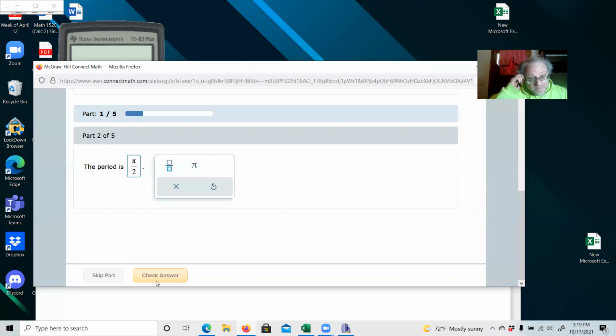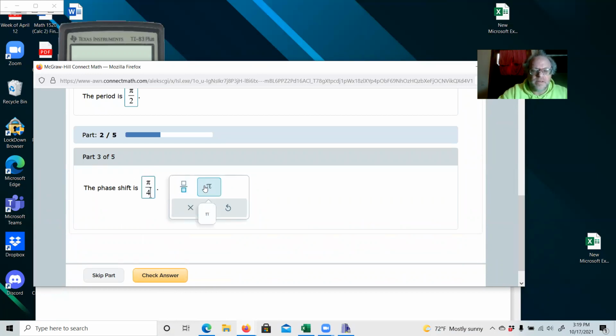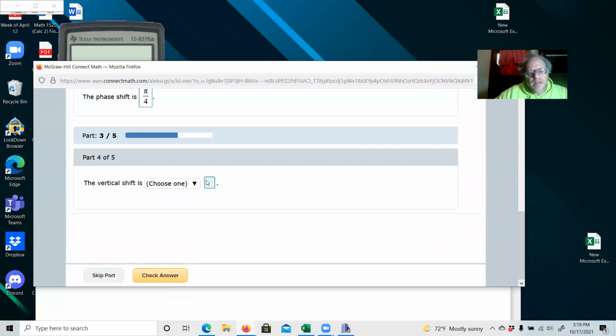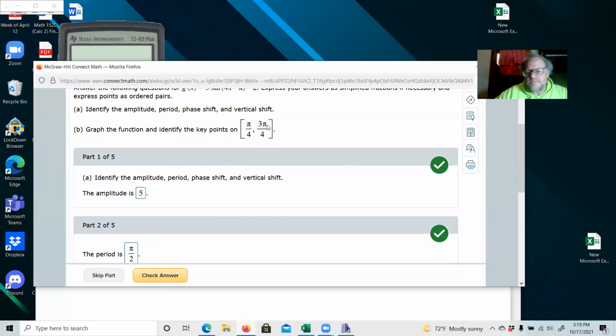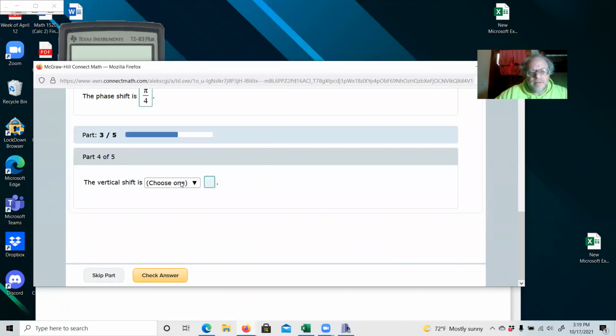Okay, check. Phase shift was pi over 4, the first one we did. Pi over 4. Okay. Vertical shift is -2. Down 2.